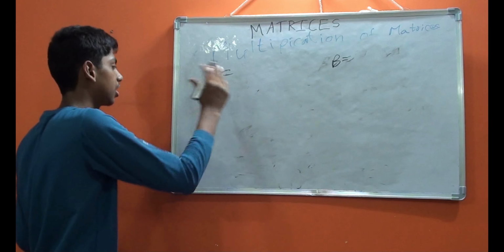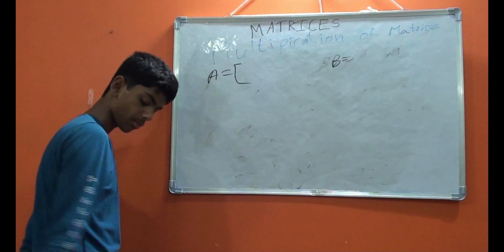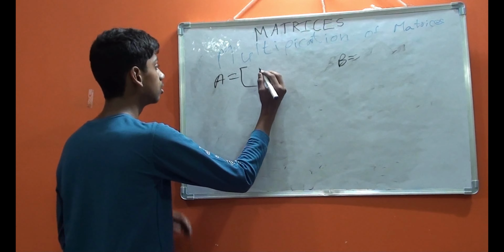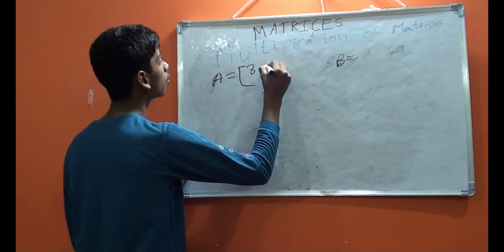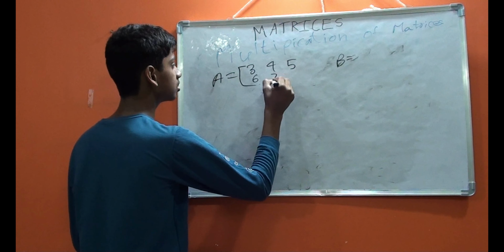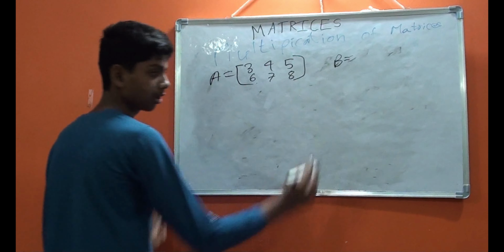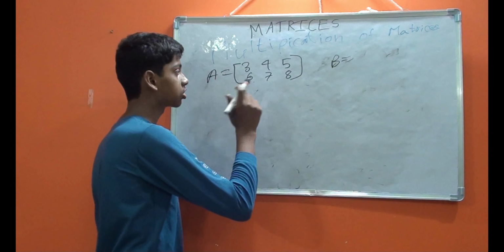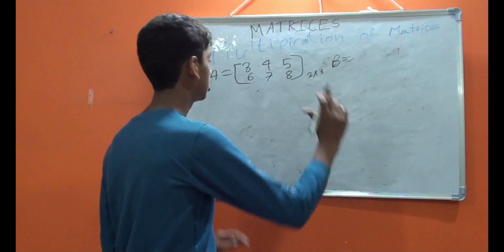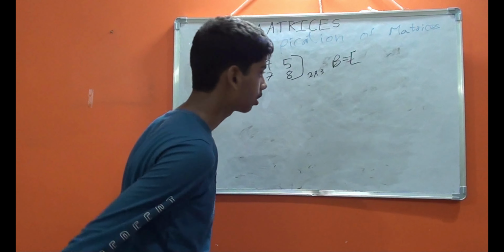So let's see matrix A. Matrix A equals 3, 4, 5, 6, 7, 8. So take its order: 2 into 3, and this one would be written like so.